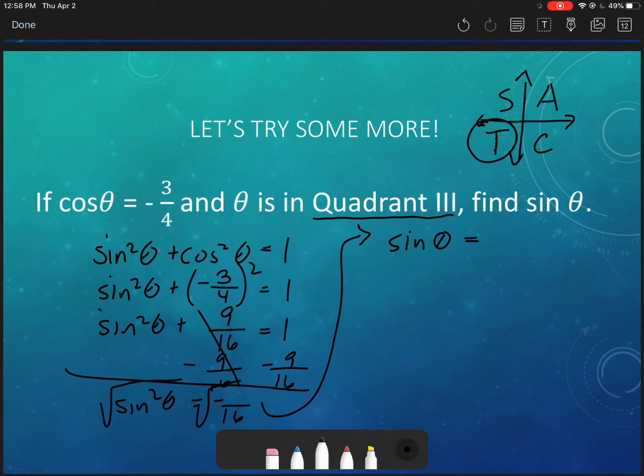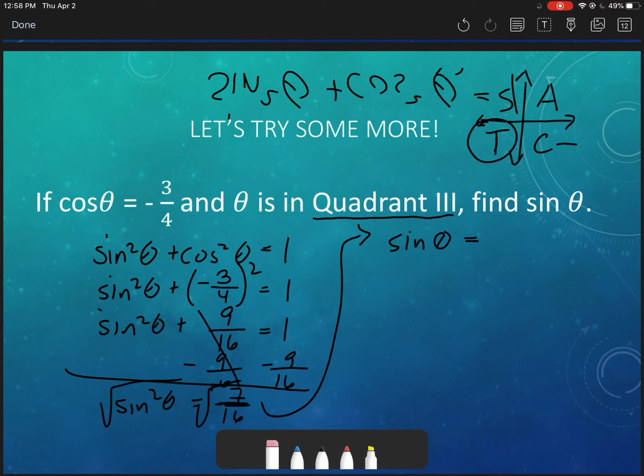This is 1 minus 9/16, which should be positive. Sorry, I made a little error here. So that's going to be 7/16. Positive 7. Let me rewrite this so that it's not a mess. 7/16. So sine of theta is equal to radical 7 over 4. And because it's in the third quadrant, we know it needs to be negative. And that's your final answer for this question.